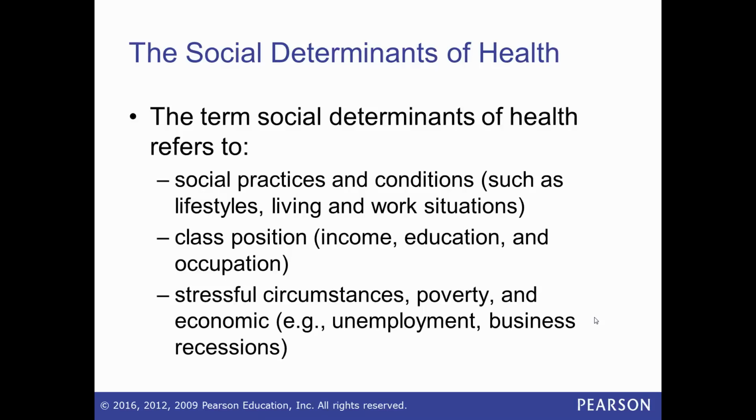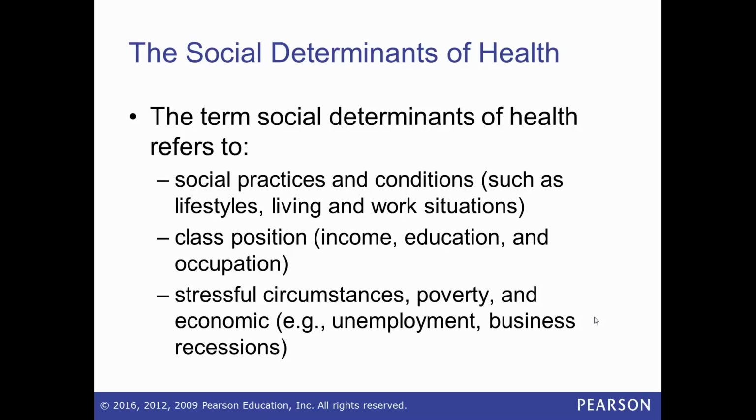So we'll start with the term, the social determinants of health. Now, the term refers to several things, but here's three groupings that more or less encapsulate what we're going to be talking about. The social practices and conditions, such as lifestyles, living, and work situations. We move to class position. Class position among sociologists, we're referring to things like income, education, and occupation.